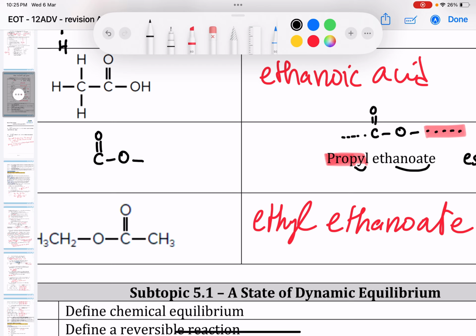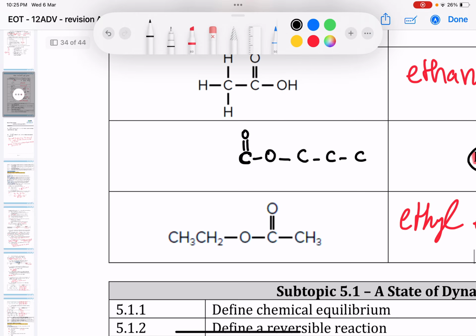Now from this side I have a prop, 3 carbons, 1, 2, 3. On the other side, the part that takes anoate comes here. It's 2 carbon. It means first, and that's the first and that's the second.